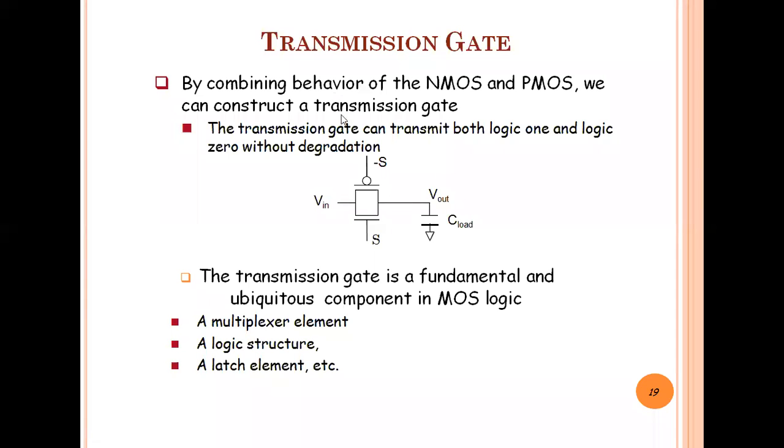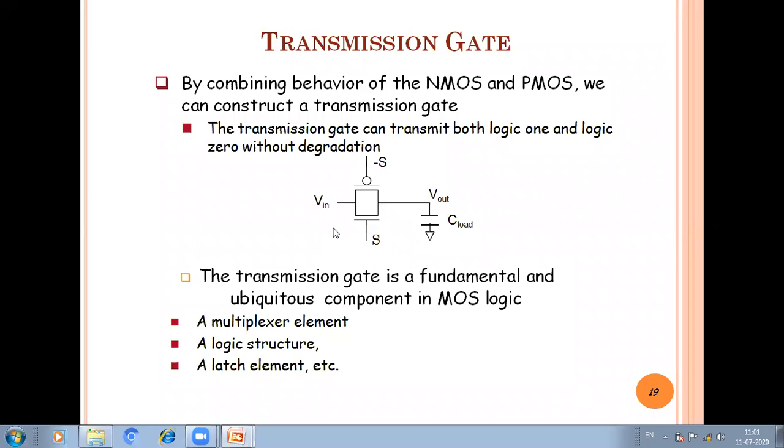That's why we always prefer the transmission gate, because the transmission gate passes the strong 0 as well as the strong 1 signal. With the pass transistor, this is the limitation: in the NMOS case, it only passes the strong 0, and the 1 is a degraded 1. In the PMOS case, it supports the strong 1 signal and degrades the 0. So that's why we generally use only the transmission gate.